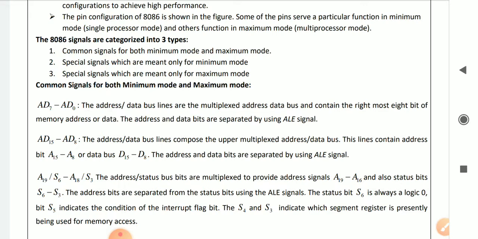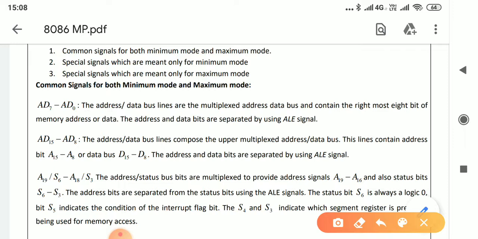The remaining A16 to A19, that is 4 address bits, are multiplexed with some other functions. It is printed wrong here; this is A16.